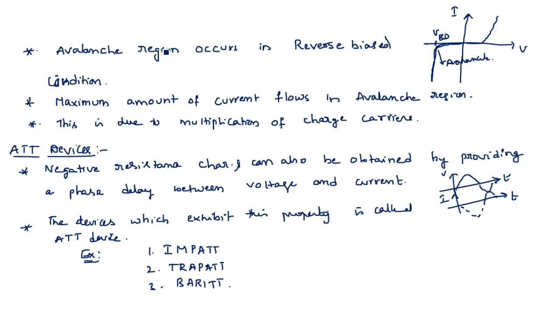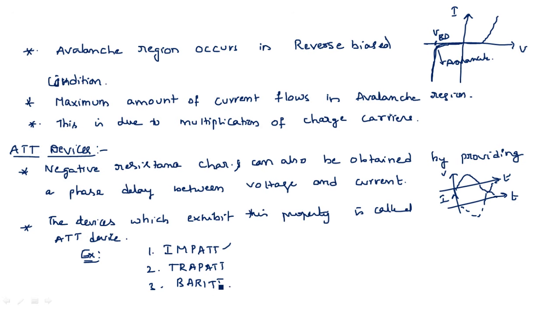The full forms of these diodes: IMPATT stands for impact ionization avalanche transit time device. The second one, TRAPATT, is trapped plasma avalanche triggered transit time device. Third, BARITT stands for barrier injected transit time device.